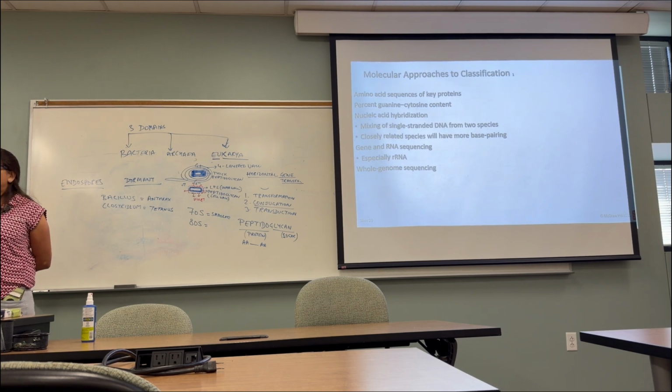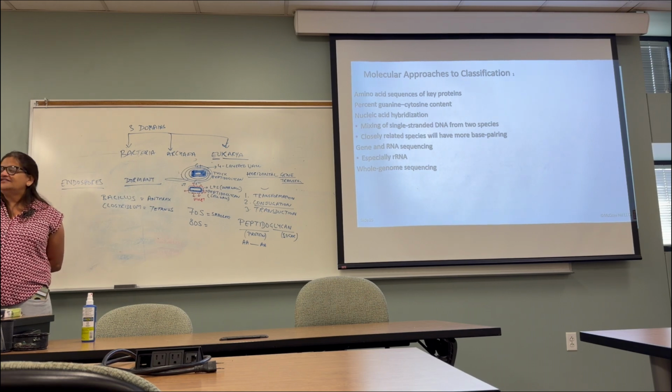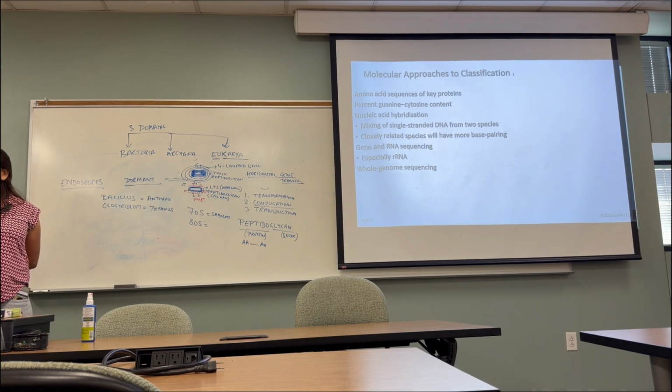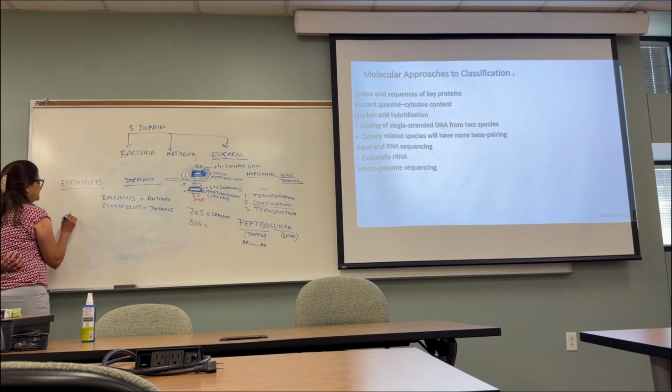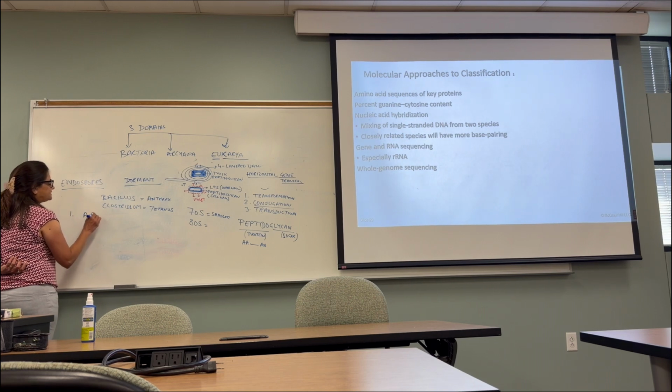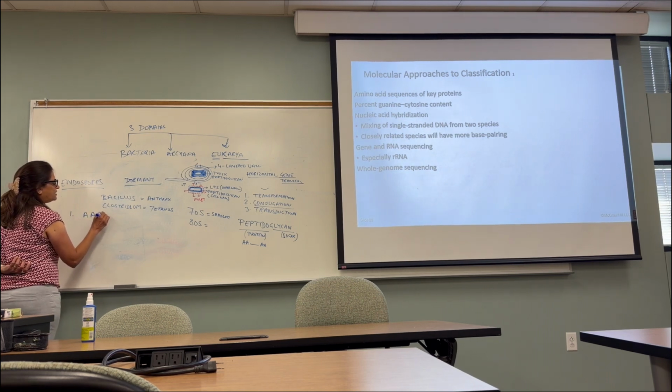some of the molecular approaches to classification are the amino acid sequences of the main proteins, and their percentage of the guanine and cytosine ratio. So these are the different ways that we have classified bacteria.